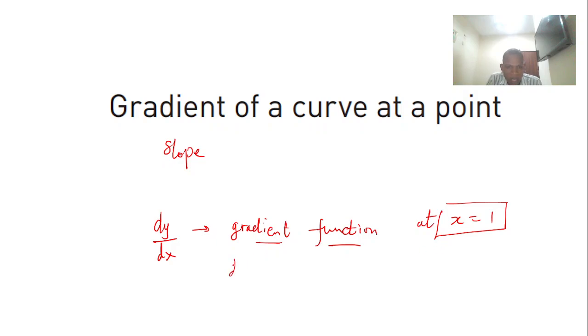So after getting my dy over dx, I'll now find dy over dx at x equal to 1. This gives me an answer. What I have here is the gradient of the curve at that point x equal to 1.